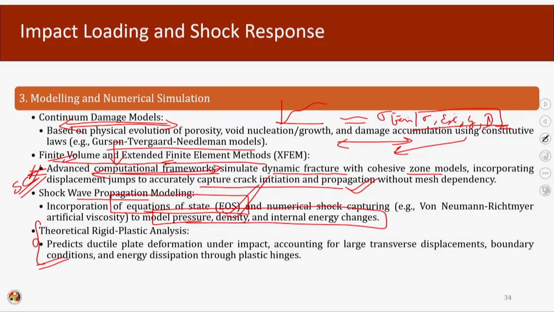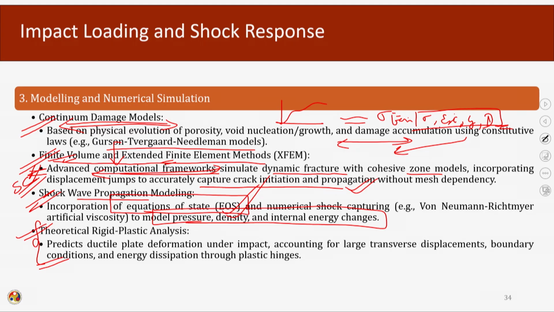So, these are some of the steps that are required in order to model the different conditions: modeling the continuum damage models for the material behavior, putting them into the finite element methodology and capturing the different behaviors, modeling the shock wave phenomena using equations of state, and some simplistic theoretical models can also be used.